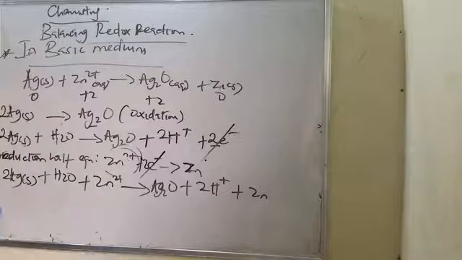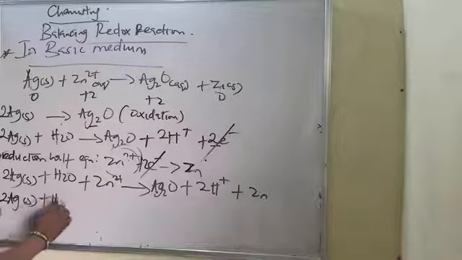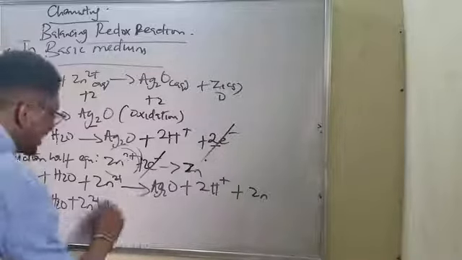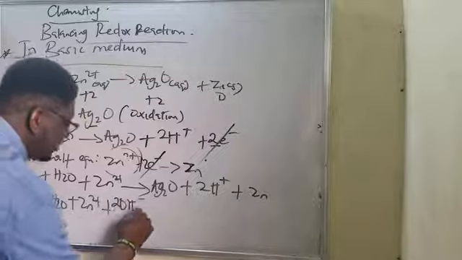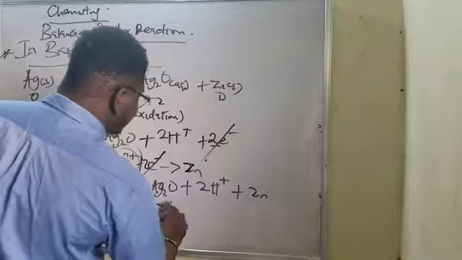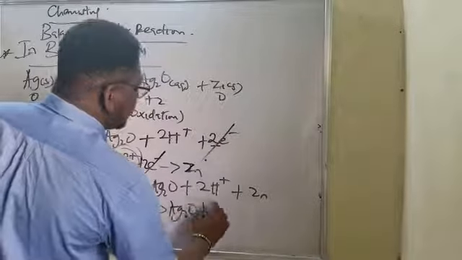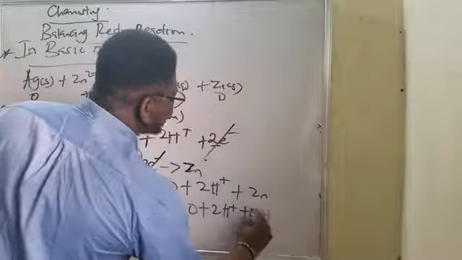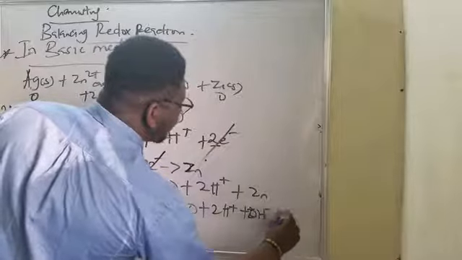So how do I do that? This is 2Ag solid plus H2O plus Zn2+, and on both sides 2OH minus. Now this is Ag2O plus 2H+, 2OH minus, plus Zn.